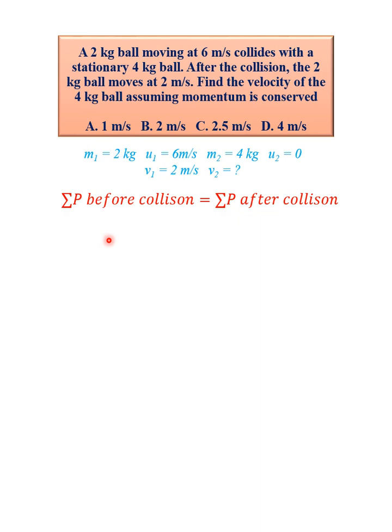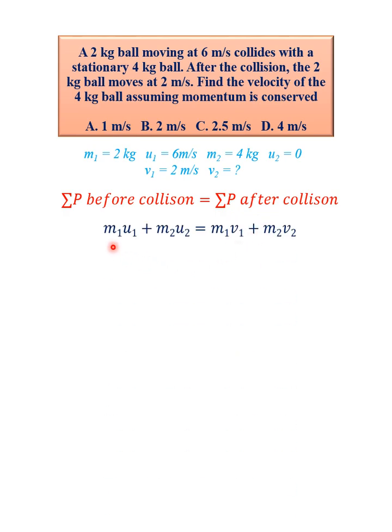So for each of these objects, we are going to look for its product of mass and velocity before collision and the product of mass and velocity after collision. We are going to look for the sum before and the sum after.